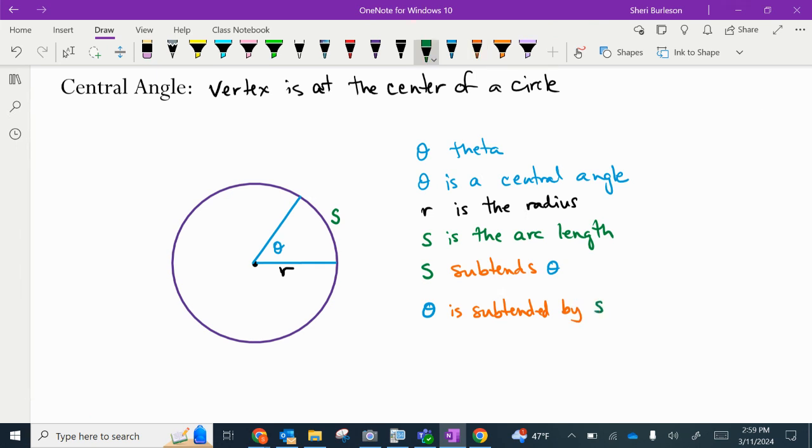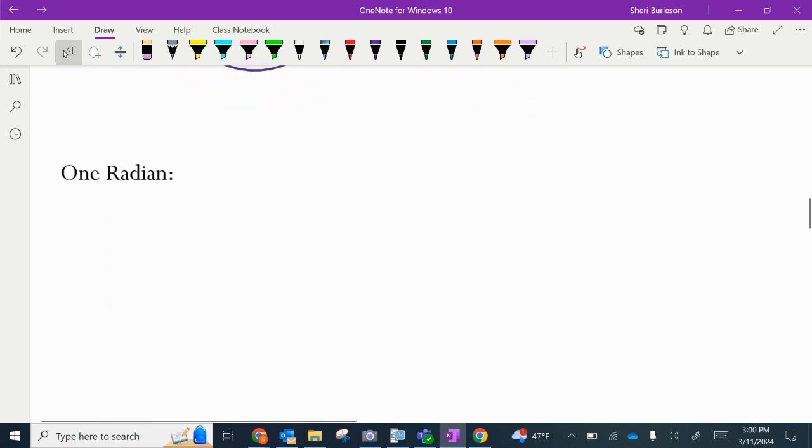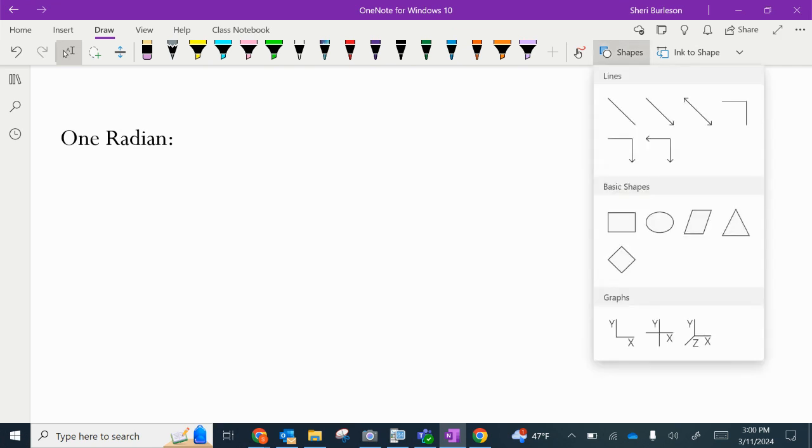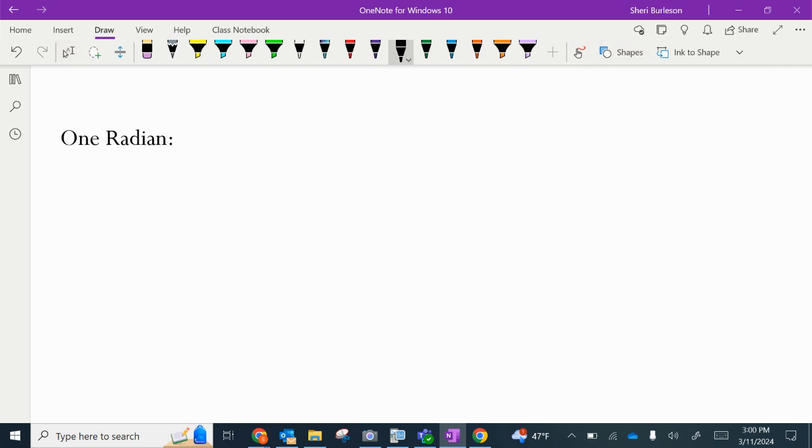That's just vocab. It just means that the arc is over that angle. That's all it means. Okay. So we are going to learn a new measure. 1 radian.